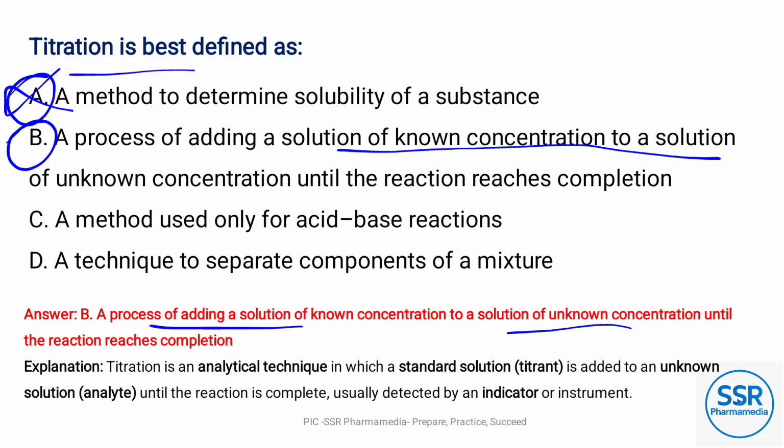So this is the correct answer. Titration is an analytical technique in which a standard solution of titrant is added to an unknown solution of analyte until the reaction is complete, usually detected by an indicator or instrument.